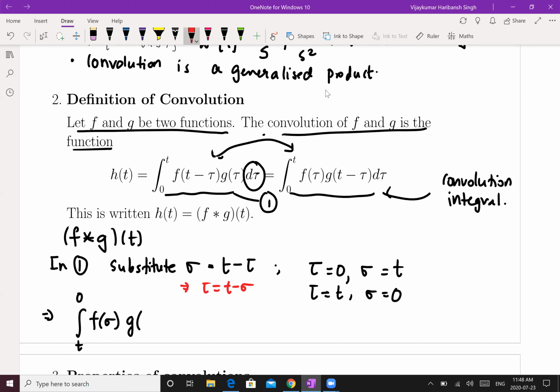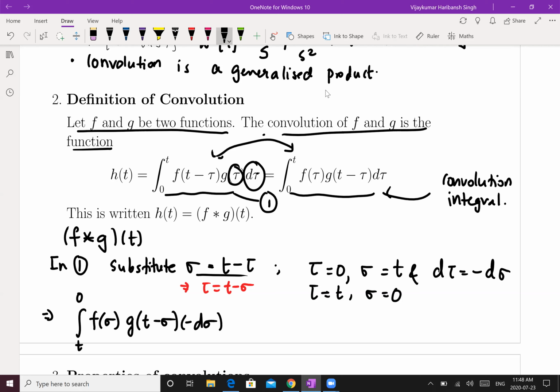So instead of tau, I'm going to write t minus sigma. Now I need to substitute d tau. If you take the derivative on both sides of this equation, you'll see that d tau equals minus d sigma. So we get minus d sigma.